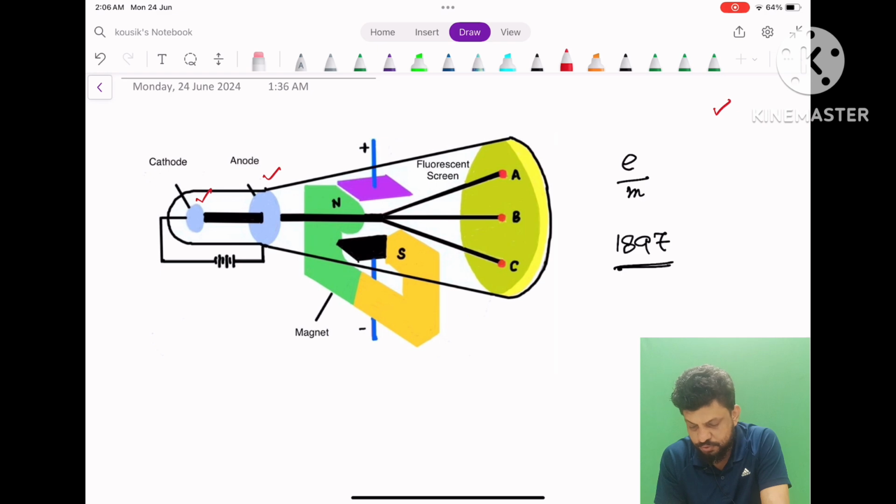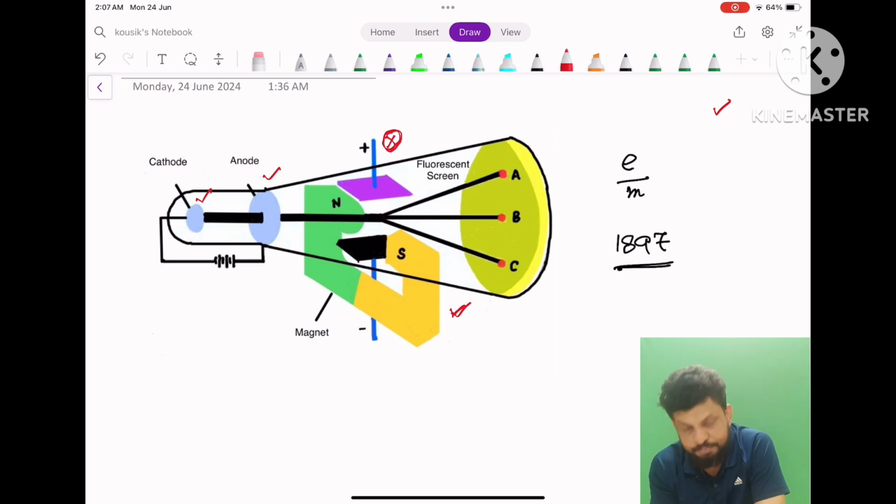And here we put a magnet. In the first method we don't use this electric field. Let me work out the calculation of the e/m value for the first method.